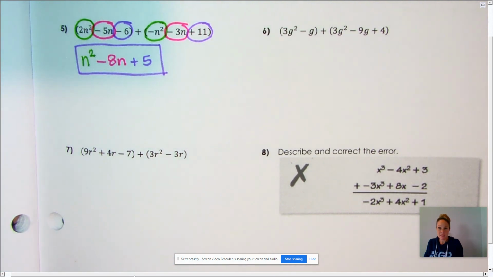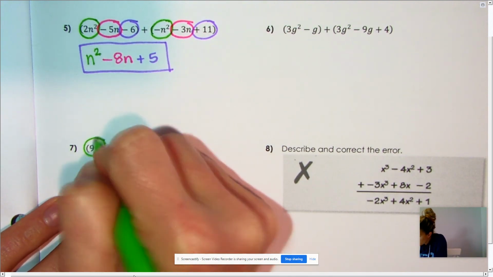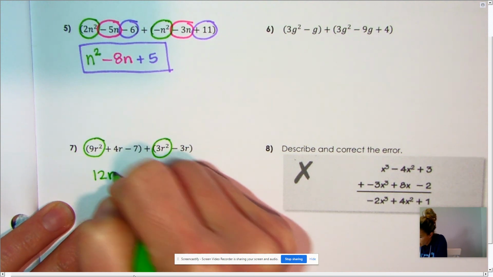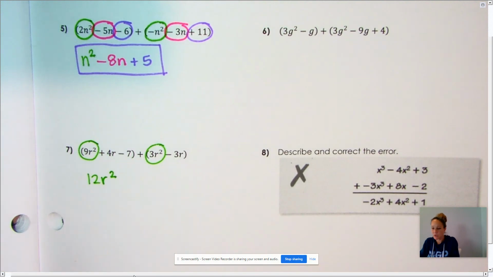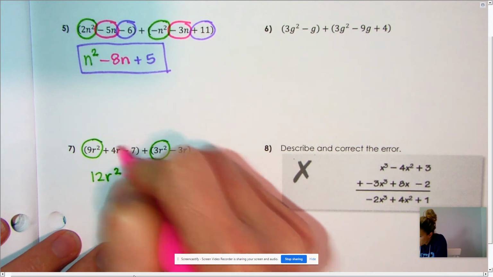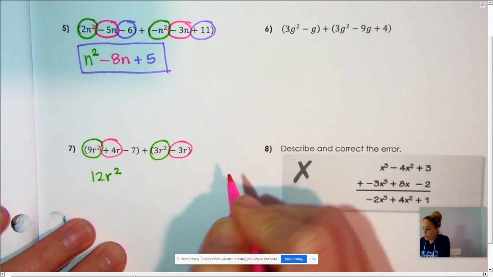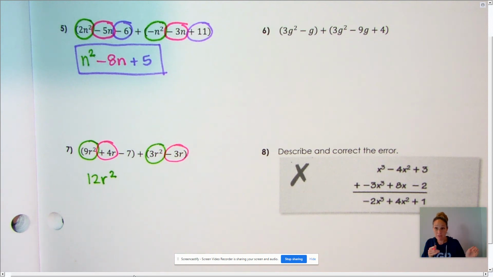So for question number 7, we are going to start with the highest exponent first. So we've got 9r squared, and we're going to put that with the 3r squared, which makes 12r squared. Then we're going to go to the next one, and we've got +4r and take away 3r. So 3 of them are going to cancel.